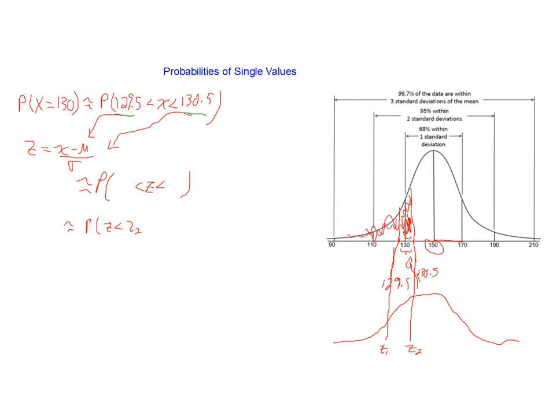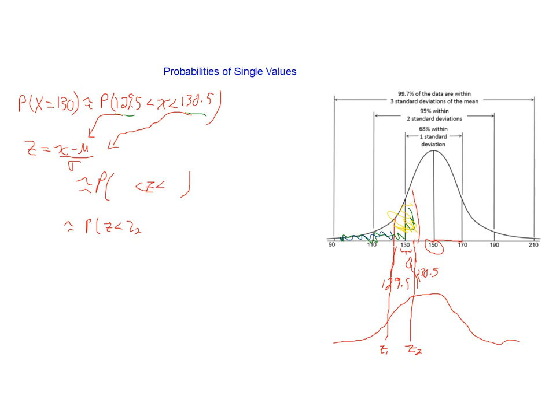Maybe we should do that in different colors so that we can see the difference. Let me highlight those intervals. So that's here to here. We find the probability in here, and from that subtract the probability here, and that leaves us with the portion in the middle that we're after.